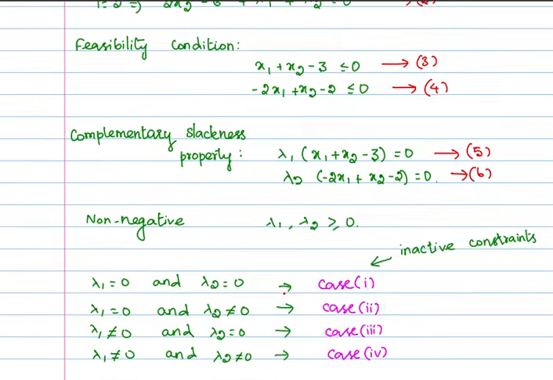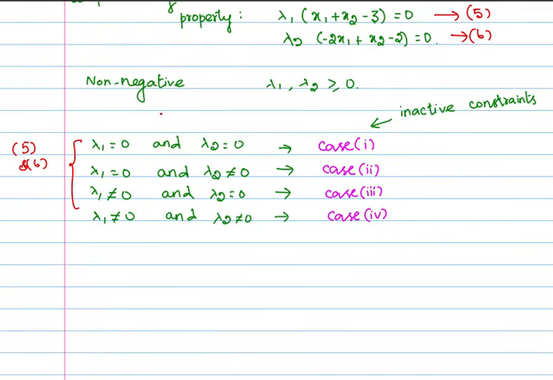So now you look, these conditions are given by 5 and 6, because when two numbers multiplied give 0, lambda 1 can be 0 or lambda 2 can be 0 or this guy 0 or this guy 0. So using this fact, now first I will consider case 1.